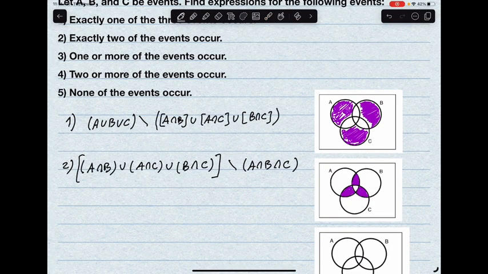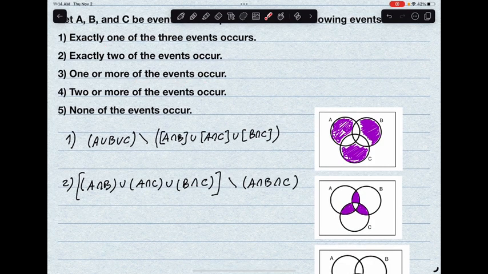Okay, what about the third part of the question? It says one or more of the events occur. The first one was exactly one, so it is just these three parts. The second part is exactly two of the events occur, so it's the intersection of A and B, intersection of A and C, intersection of B and C, minus the intersection of all the three events.